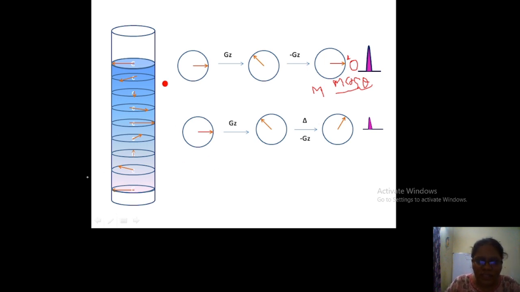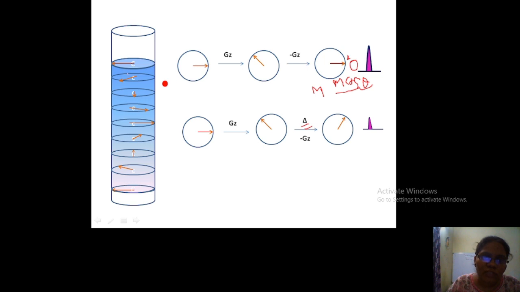Now, in the second case, there is a magnetization vector in this direction. You have applied a gradient, so this magnetization vector started precessing faster or slower. Now you are not doing anything. You are letting the sample be idle for some time, delta. Now during this time, what happens?